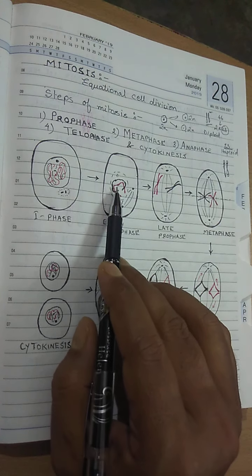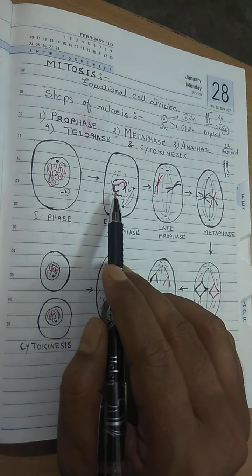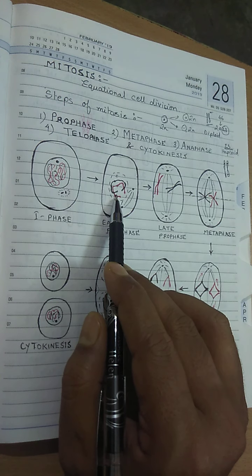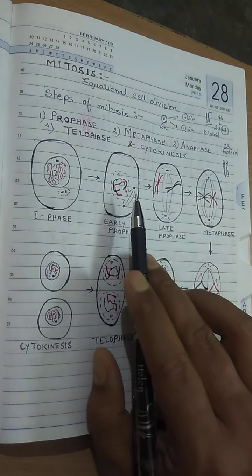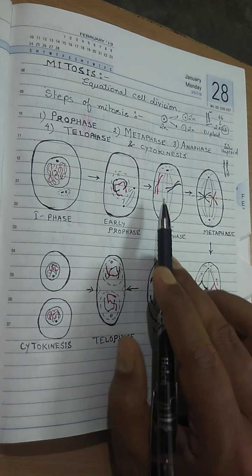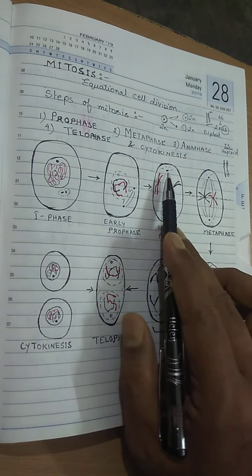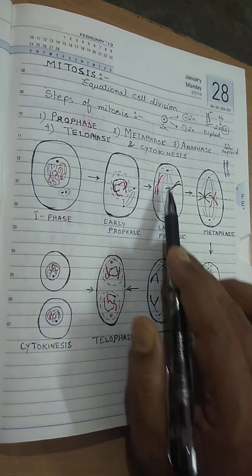So here I have shown one pair of homologous chromosomes. Just to show the difference, one I have drawn with black ink, another one with red. Now as the cell proceeds towards late prophase, the spindle fiber formation will be completed between the two centrioles.